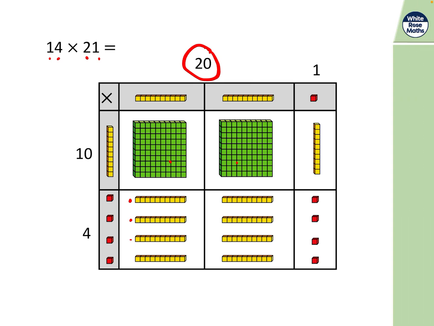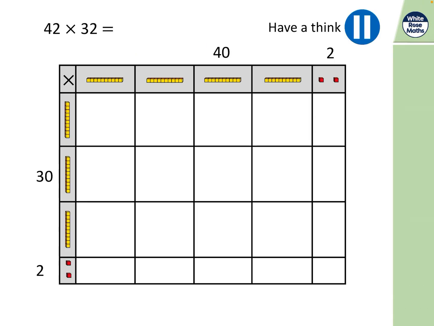What do we need to do now? Of course we need to add them all up. So we take 100, 200, 210, 20, 30, 40, 50, 60, 70, 80, 90, 1, 2, 3, 4, 294. Well done if you got that.